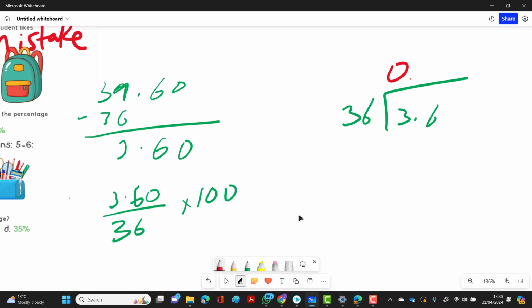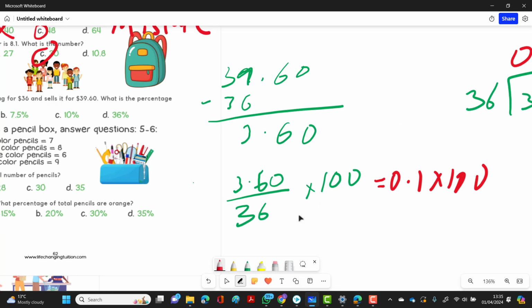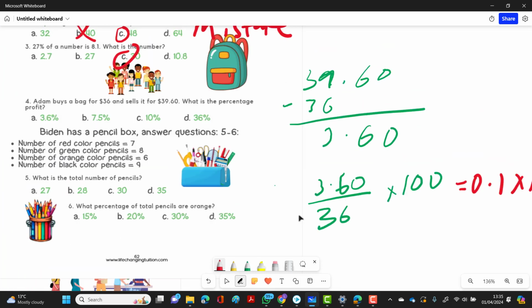It becomes 36 into 36, which is 1, so 0.1. Then 0.1 times 100 gives you 10%. So number 4 should be C.